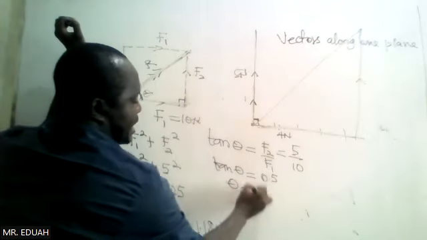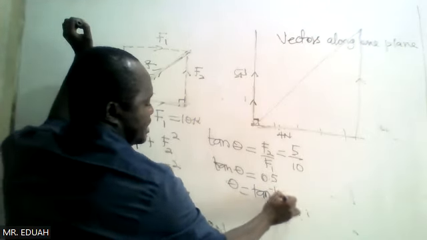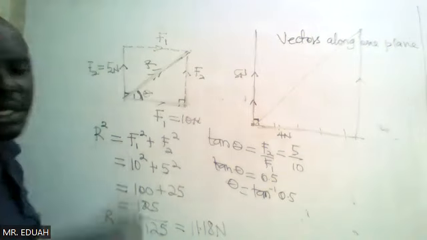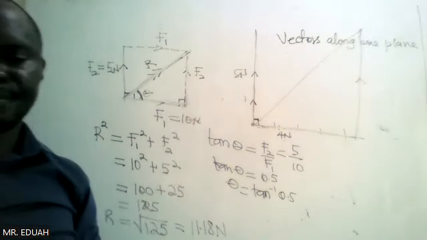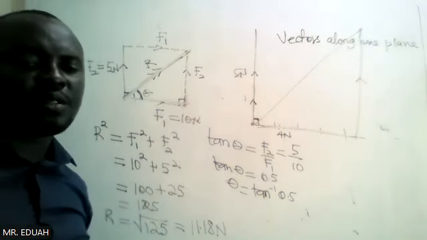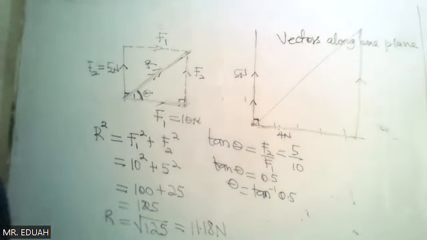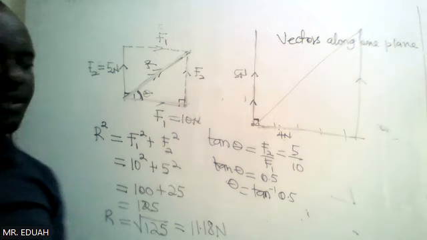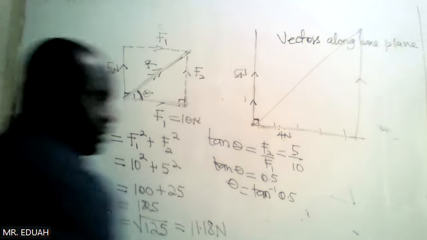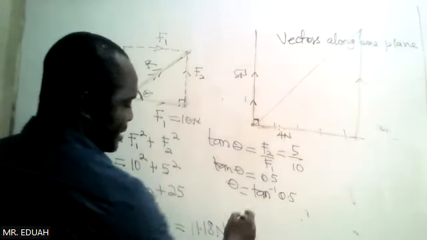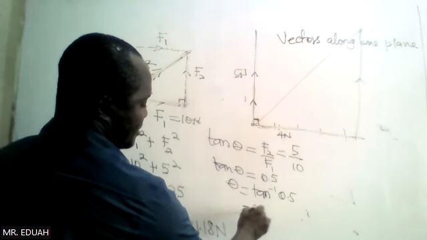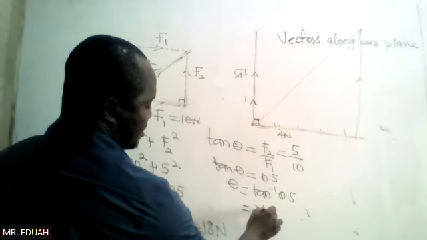Theta is equal to the tan inverse of 0.5. What's the tan inverse of 0.5? 26.56.